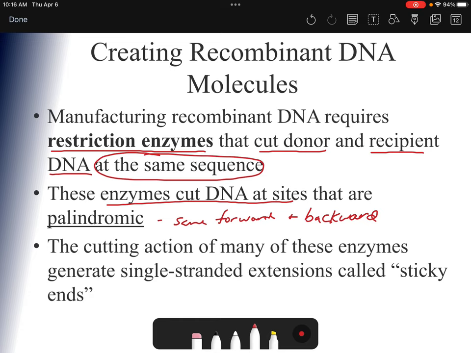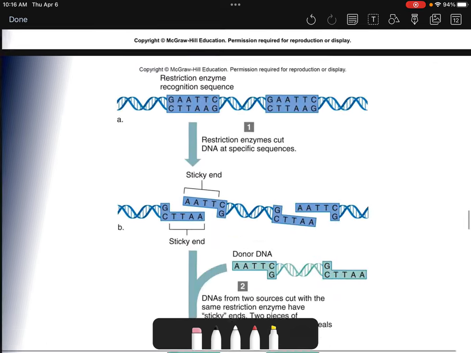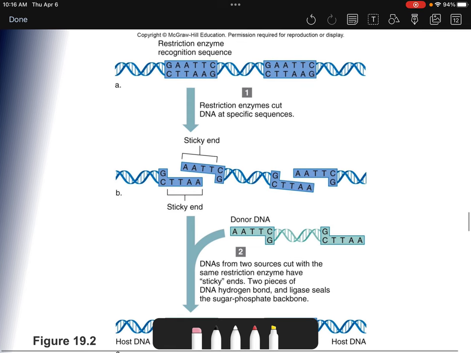When they cut the actual DNA, it leaves these extensions called sticky ends, and you're going to see that in the next slide here. So you can see here, see how this goes G-A-A-T-T-C. Well, coming the other direction, it's G-A-A-T-T-C.